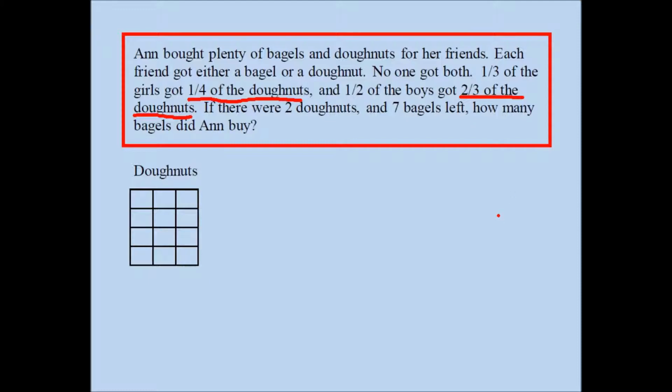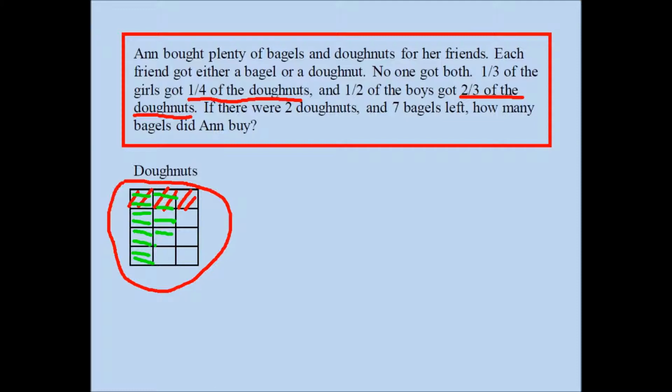Why is it a good choice? This rectangle right here allows me to represent one fourth conveniently. This is one fourth. And it also allows me to represent two-thirds conveniently. This is going to be two-thirds, one third, and two-thirds.